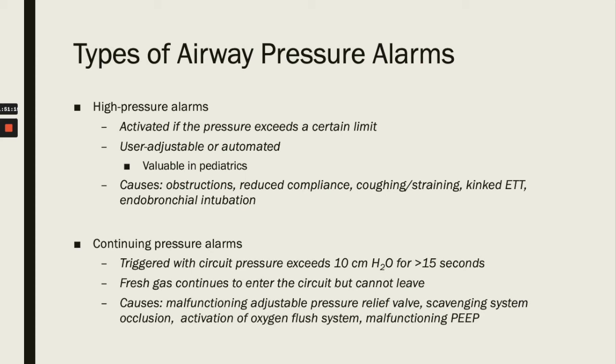If you have a high fresh gas flow rate into a circuit that's occluded or blocked for one of the reasons I said previously, and it continues to enter the breathing circuit but can't exit, that's going to trigger this continuing pressure alarm.